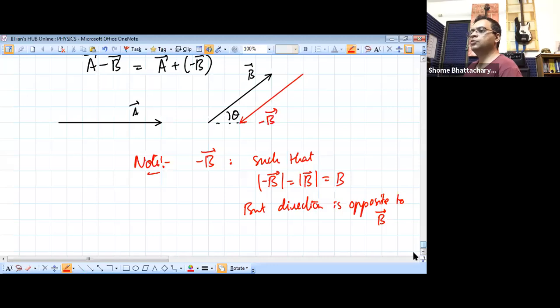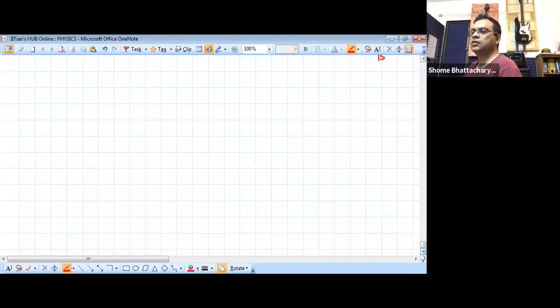So hence, my operation of A plus of minus B, or A minus B, the way I have interpreted it, becomes like this. It is the addition of the vector A with the vector minus B, which will be this one.